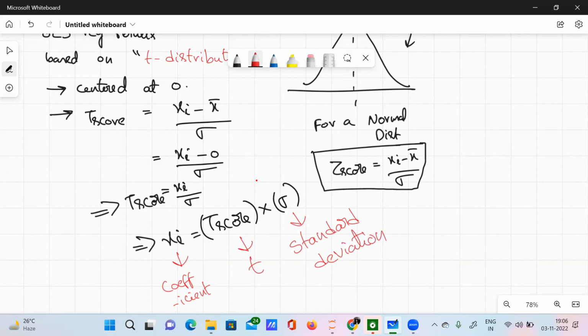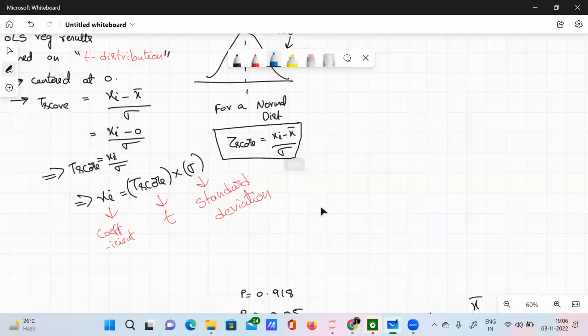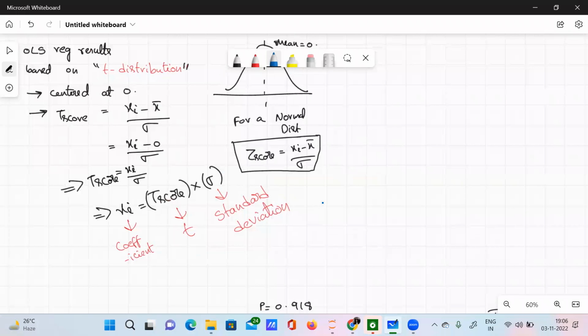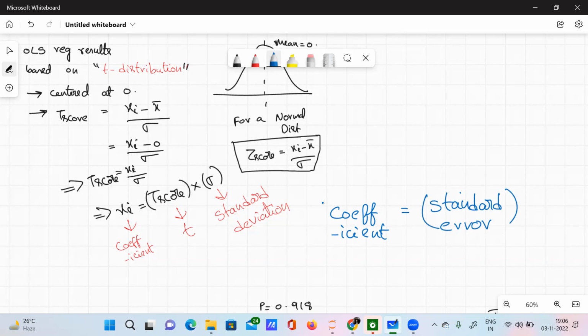In short form, you can have a shortcut for the formula: coefficient is equal to standard error into t.